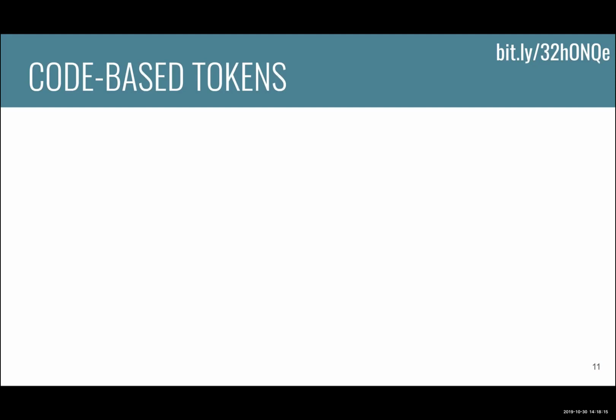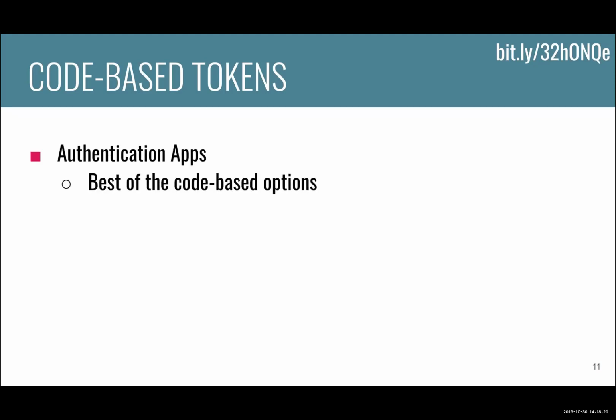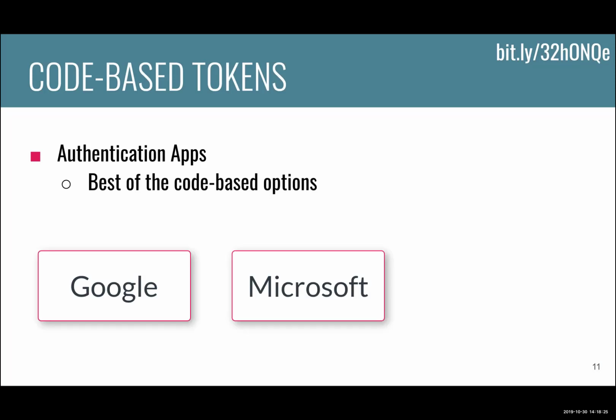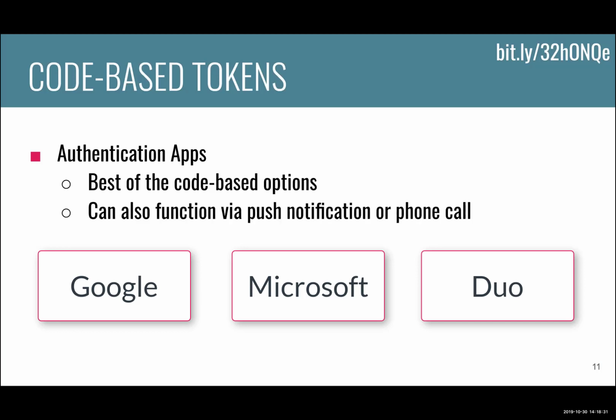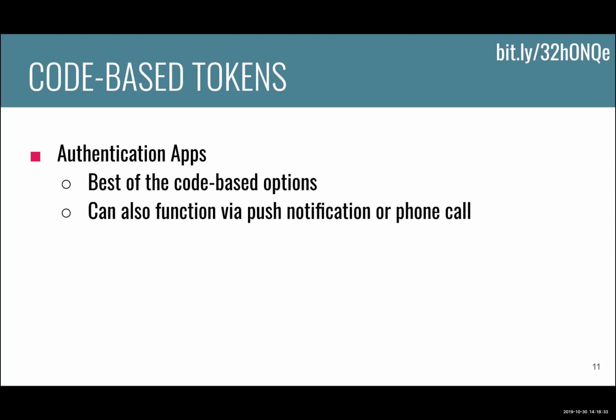So, authentication apps. There's multiple authentication apps. There are ones from Google and Microsoft, and Virginia Tech uses Duo. These are the best option of the code-based options. The app will generate a code that's good for 30 seconds on your phone that you'll use whenever you log in.